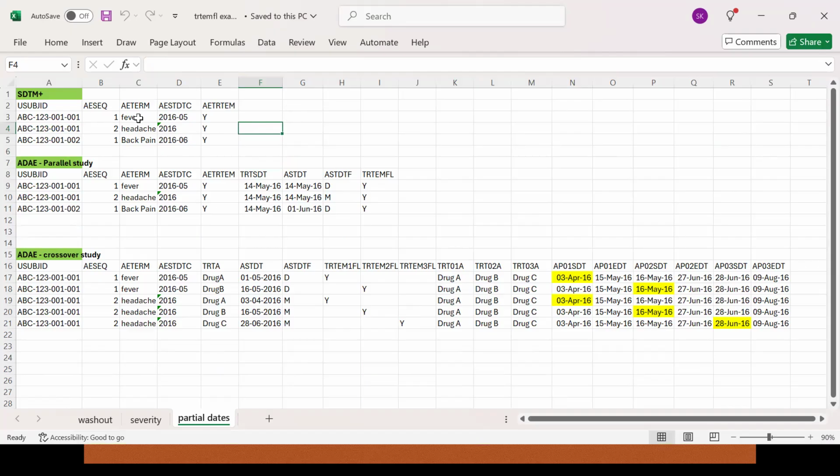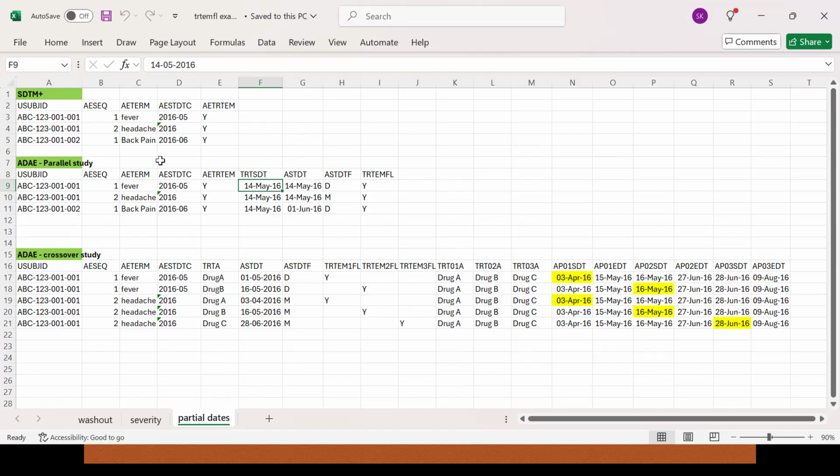The subject 1 has only the day part missing for the fever adverse event, whereas for headache, only the year is present. And for the second subject, again, the situation is same that we do have only the day part missing. Now, let's assume that the treatment start date for both of these subjects is 14th of May 2016.